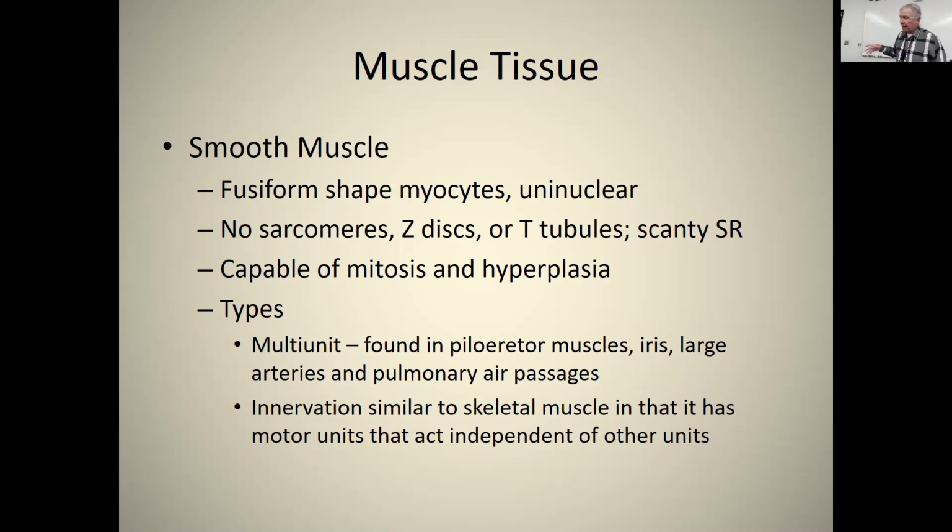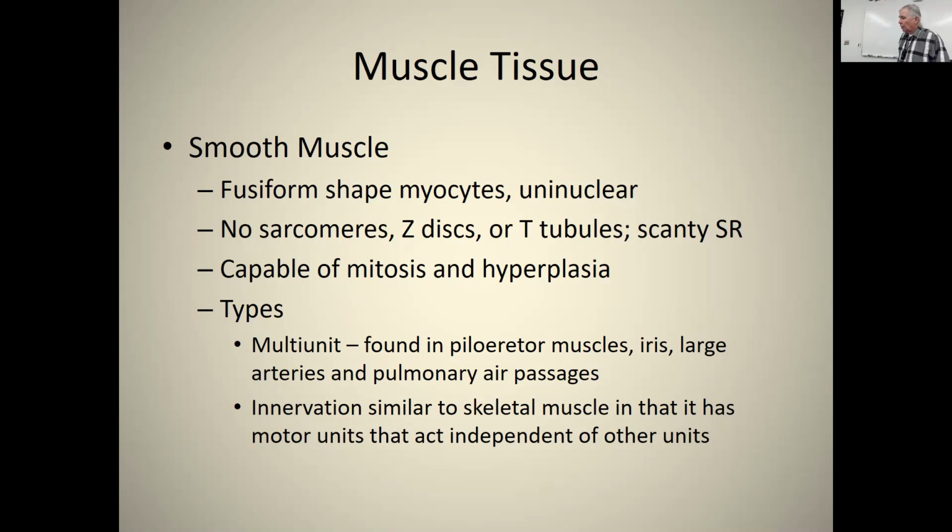Very little sarcoplasmic reticulum. Calcium is a trigger for smooth muscle contraction also, as well as cardiac. It binds to troponin in cardiac and skeletal. It binds to a different protein that I'll mention a little bit later in smooth muscle.